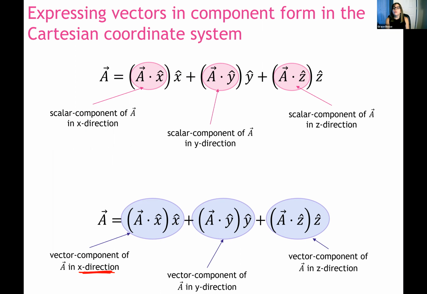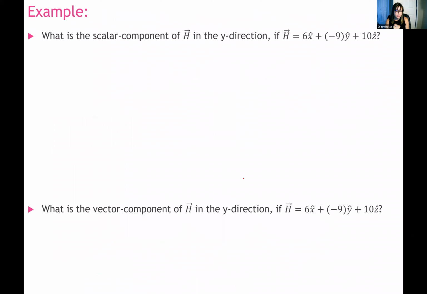So this component form really is the sum of the vector components of a vector. And those vector components contain scalar components. The scalar component of any vector you can get by just dotting with the unit vector in the direction that you're investigating. So let's do one more example here.